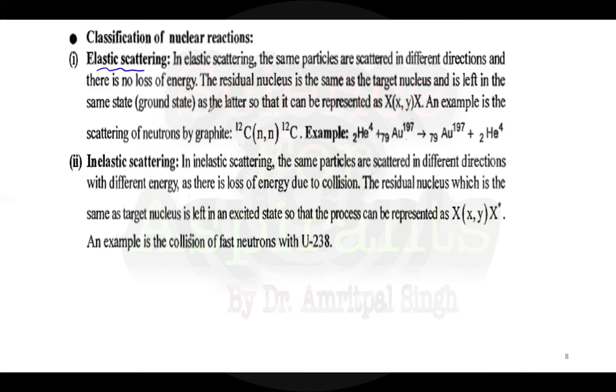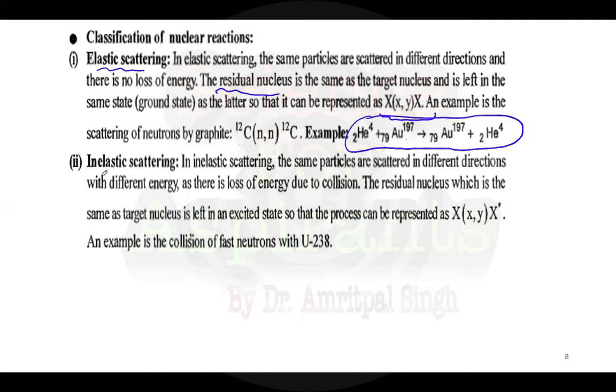Here the residual nucleus is generally considered the daughter nucleus, and it is left in the same state. It can be represented like this type of reaction, where the parent and daughter nucleus are the same. So this is an example of elastic scattering. The direction of the particles is changed, but their kinetic energy remains conserved.